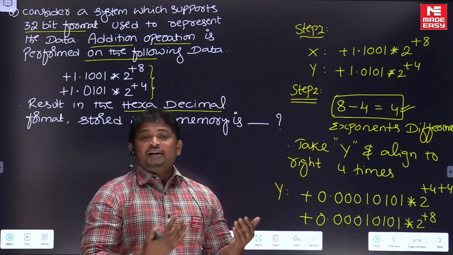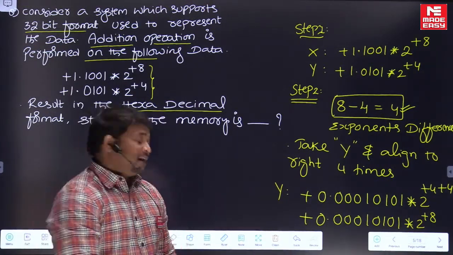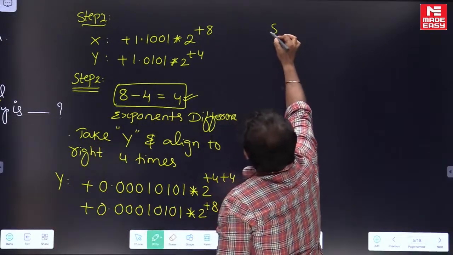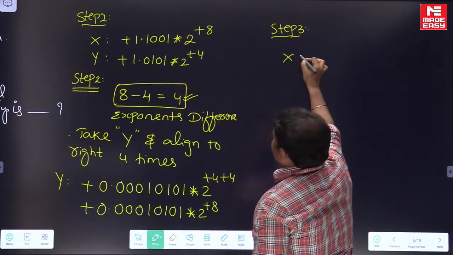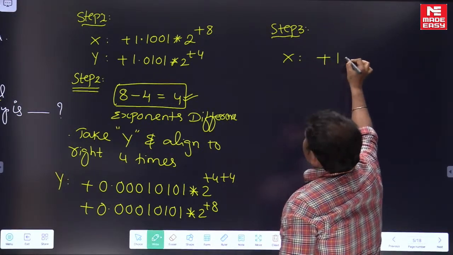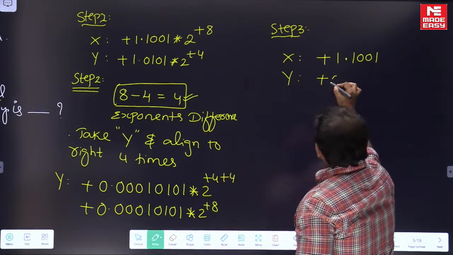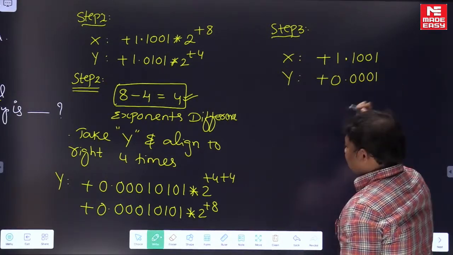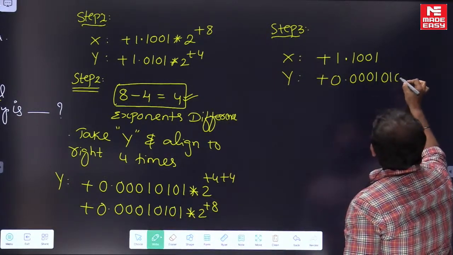So x exponent, y exponent both are same. So take the exponents common, add the Mantissas. Step 3. X Mantissa plus 1.1001, y Mantissa plus 0.00010101.